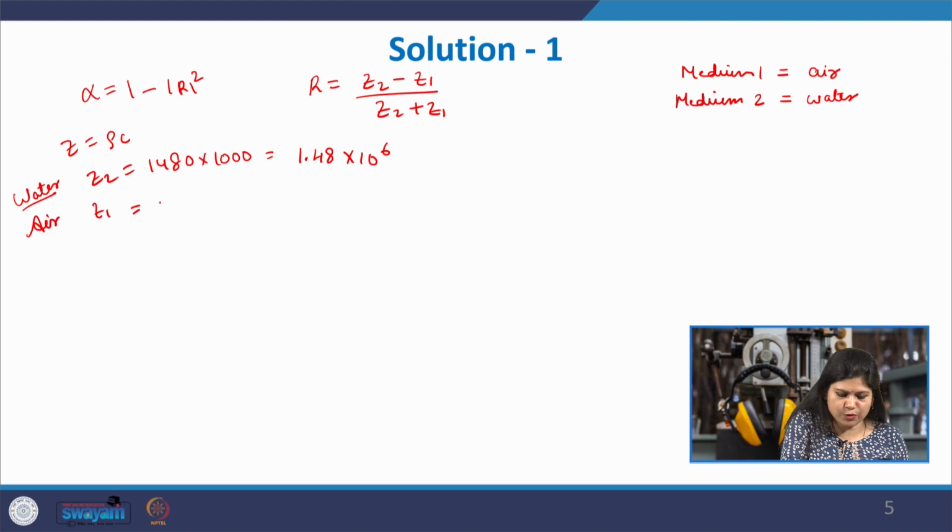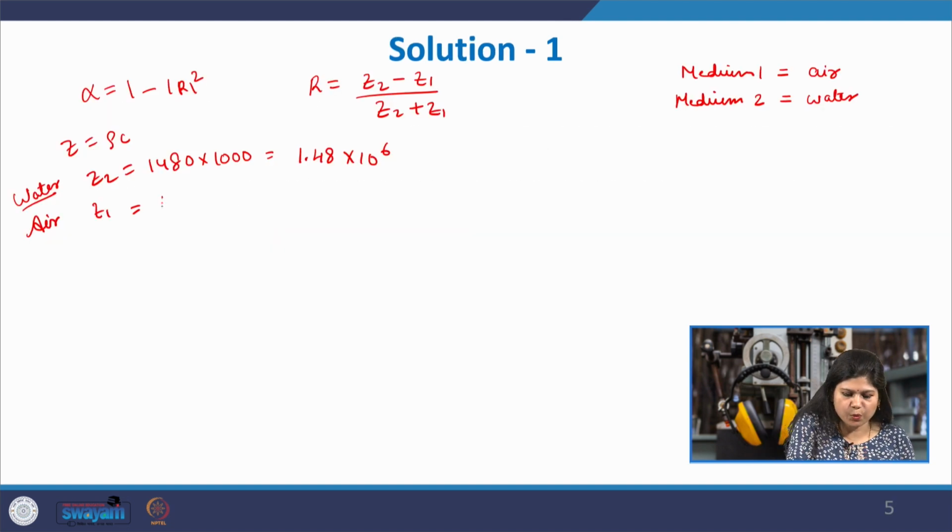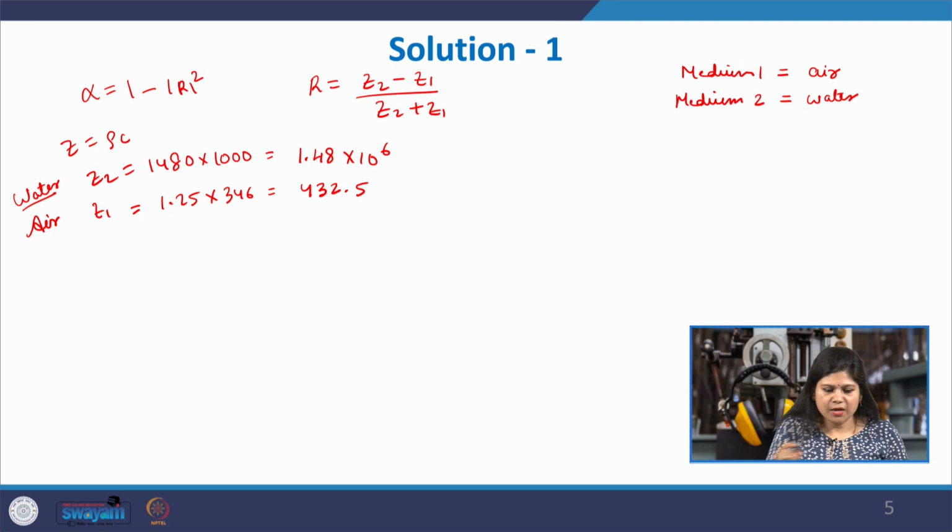Z1 for air is 1.25 multiplied by 346, which comes out to be 432.5, both in the same SI units. Here you observe that Z2 is of the order of 10 to the power 6, whereas Z1 is 10 to the power 2. So, Z2 is 4 orders of magnitude higher, much higher in magnitude than Z1.